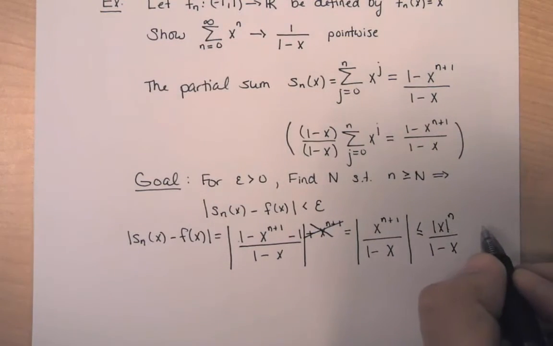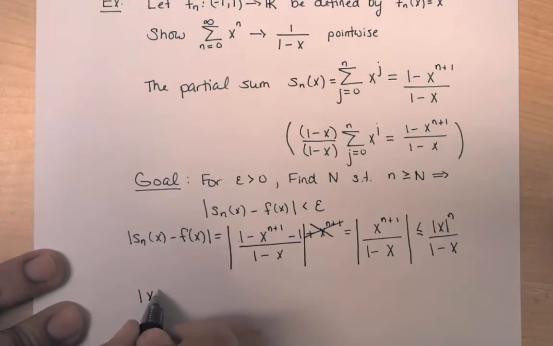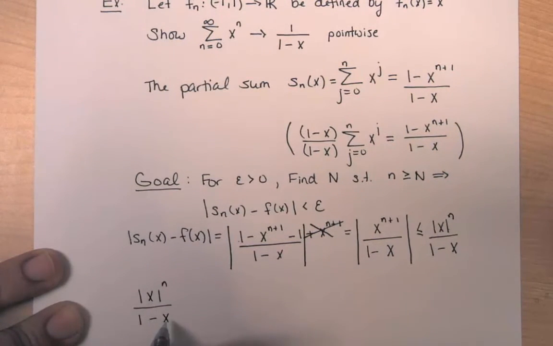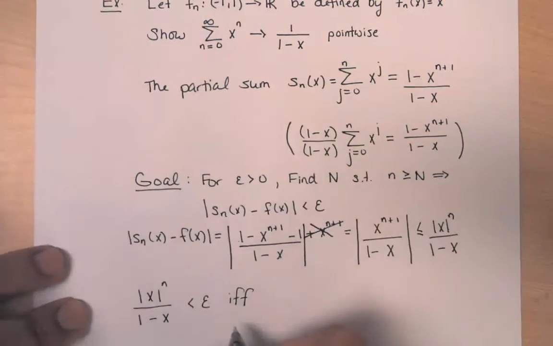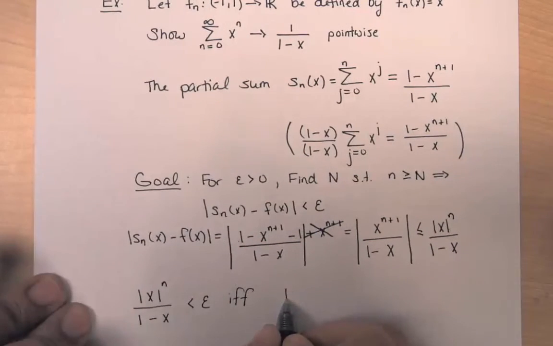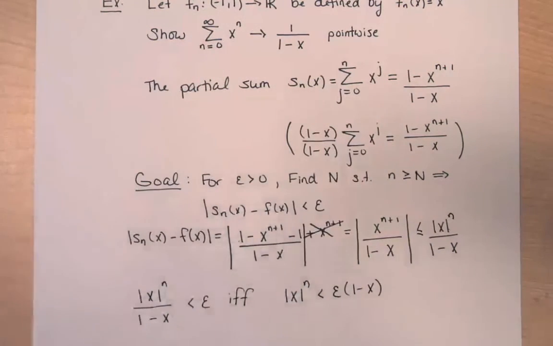And of course, the absolute value of x to the n divided by 1 minus x is less than epsilon if and only if the absolute value of x to the n is less than epsilon times 1 minus x.